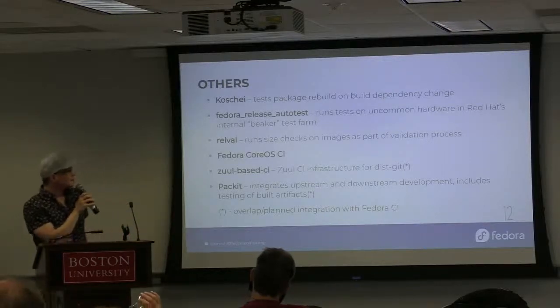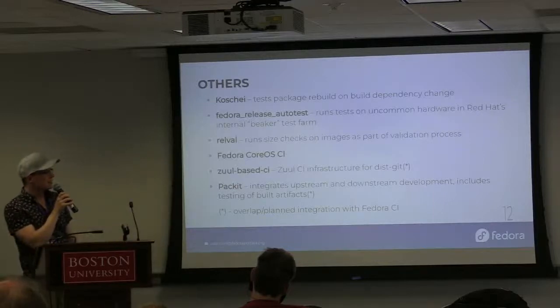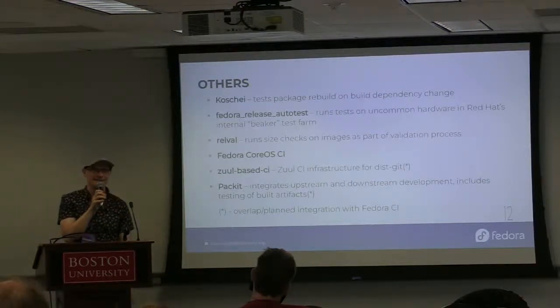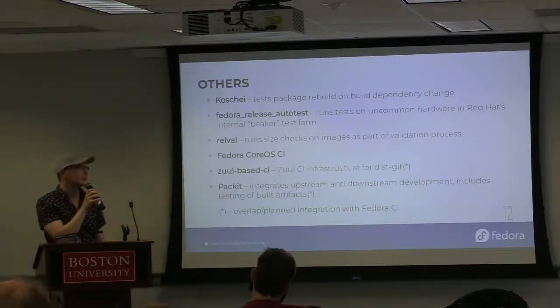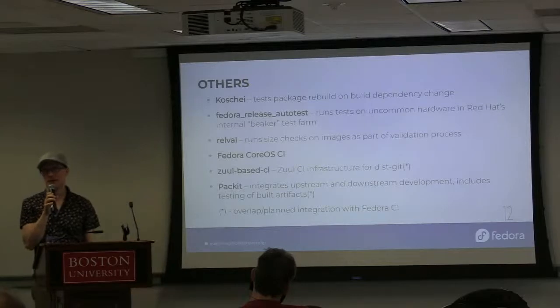RelVal is a tiny little tool that actually does the work of setting up the compose validation testing, but it also happens to do image size checks just because that was the sensible place to put it in the process. So we are checking image sizes automatically now. That's kind of the takeaway here, which used to be a big pain point.